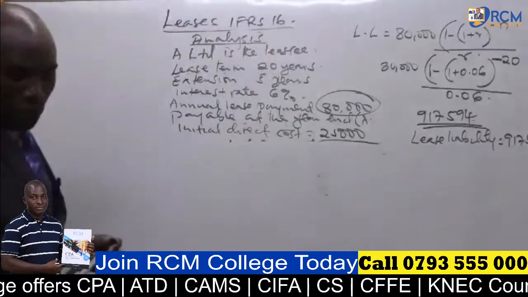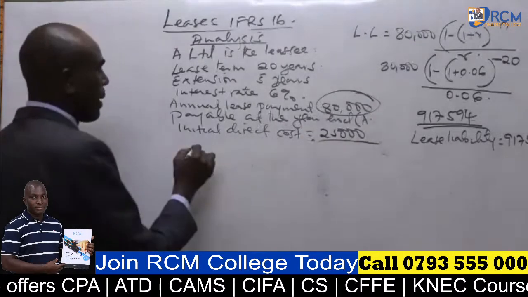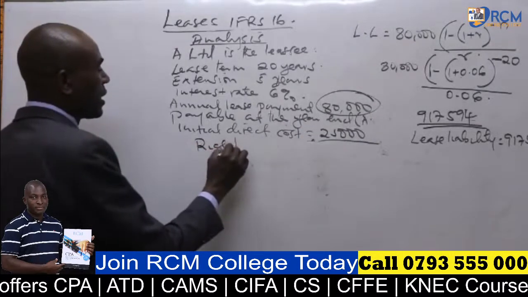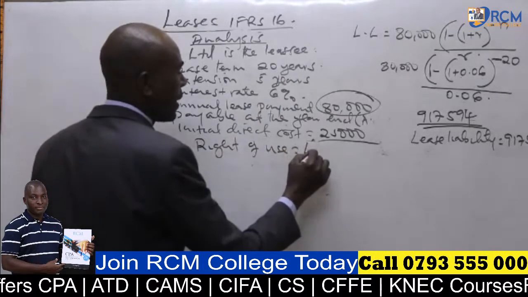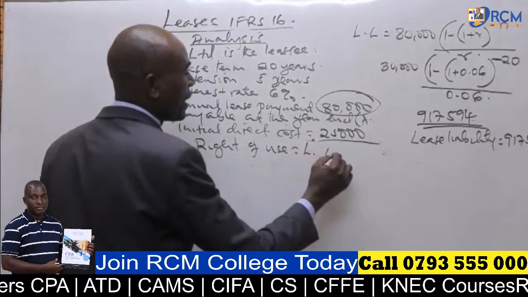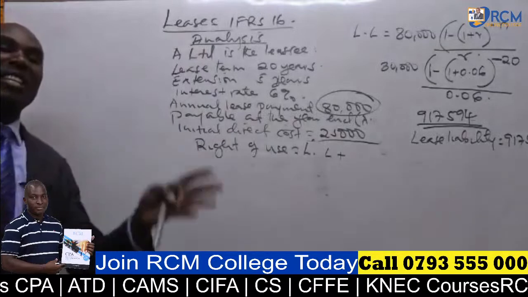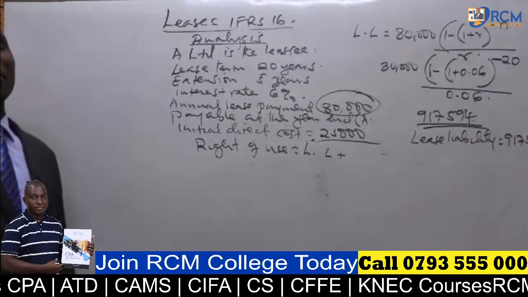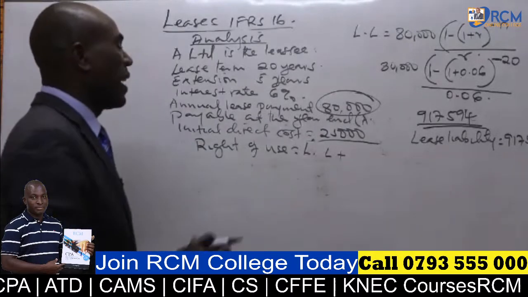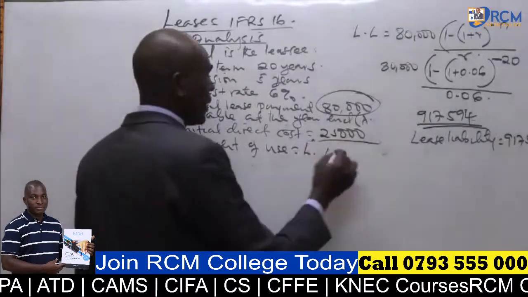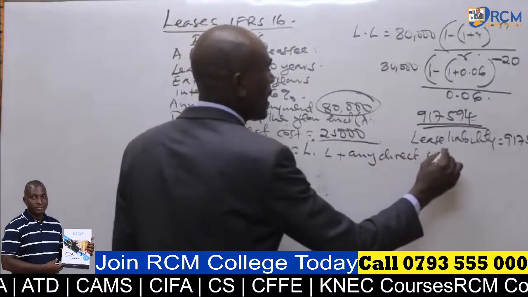Therefore, my right of use: the lease liability is that one, but the right of use equals lease liability plus any initial cost. Remember, we discussed any initial cost that is incurred by the lessee, like any direct cost, any dismantling cost. Therefore, in this one, we add any direct cost.